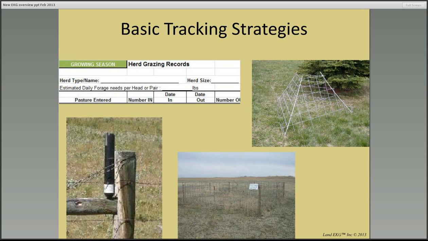Additionally, there's an example over here on the left side of a rain gauge, and time and time again we've asked people why they don't have rain gauges everywhere, and they typically say, well, they freeze and break, or we get livestock that rub against them and they break, or we have hailstorms that come through and break them, or the moisture that's in them evaporates before we can get out there.